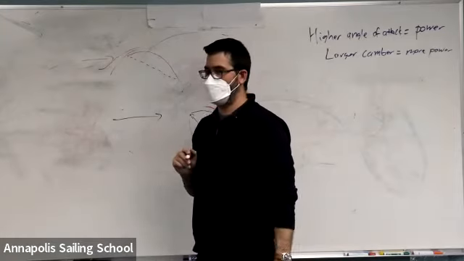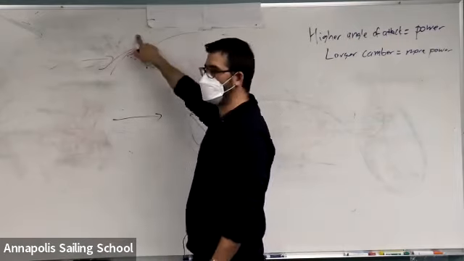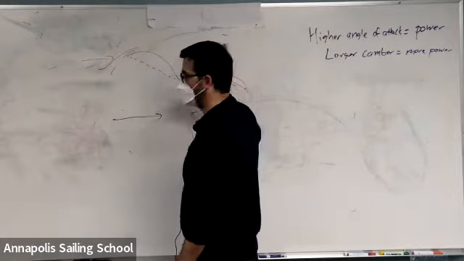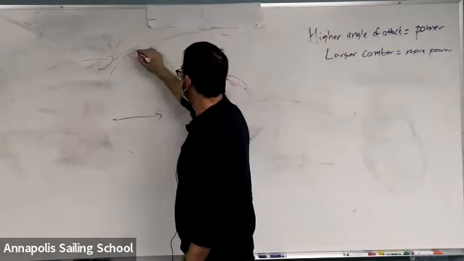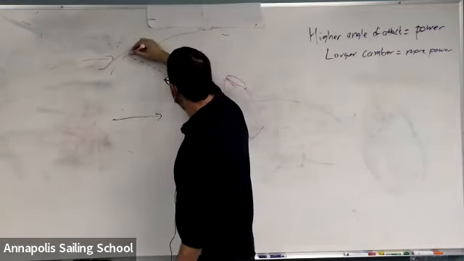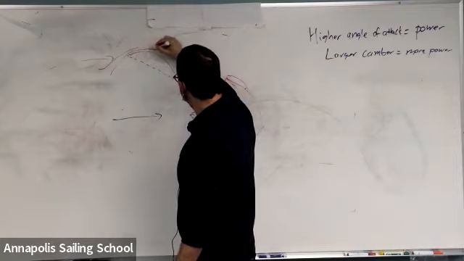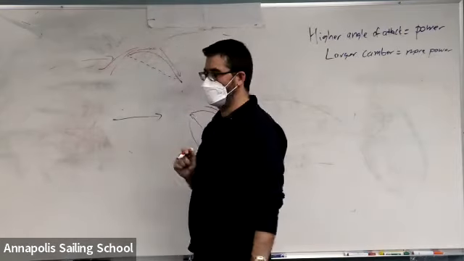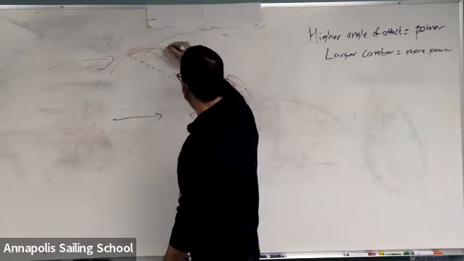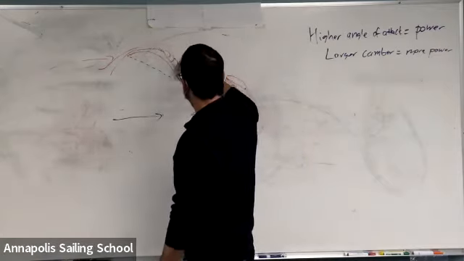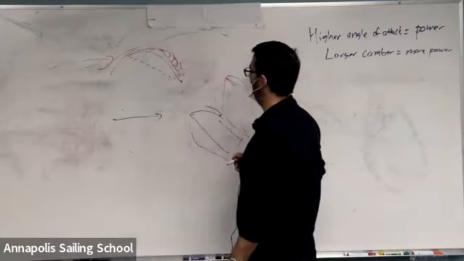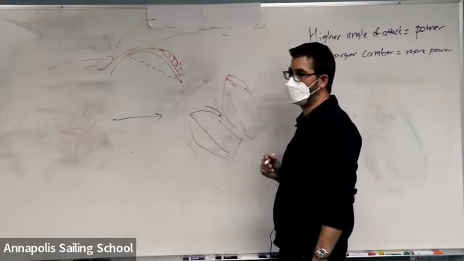That means it has to accelerate really fast, so you get a really strong low pressure here. It also means it needs to decelerate really fast to get to the end of the sail. There's a boundary layer that's getting turbulent, that's always there. But as the flow goes from here to here, it has to lose a ton of speed. The pressure goes up, it's basically running into a wall. And so it stops and you get the stalling, right? So if your angle of attack is too high, you stall out the back of your sail.